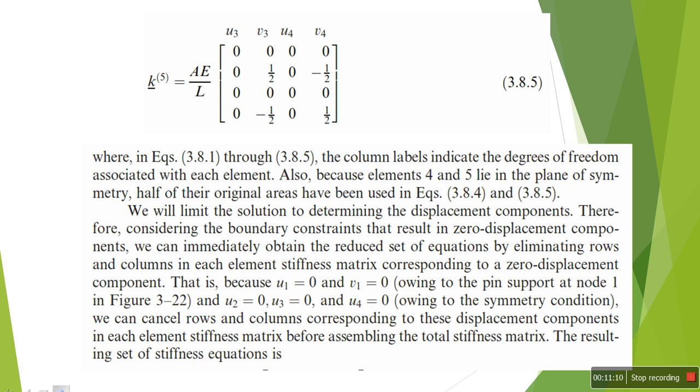Then we can calculate the global stiffness matrix by adding all the element stiffness matrices, and then we will put in the boundary conditions: u1 equal to 0, v1 equal to 0, u2 equal to 0, u3 equal to 0, and u4 equal to 0, and we will put in the load as well.